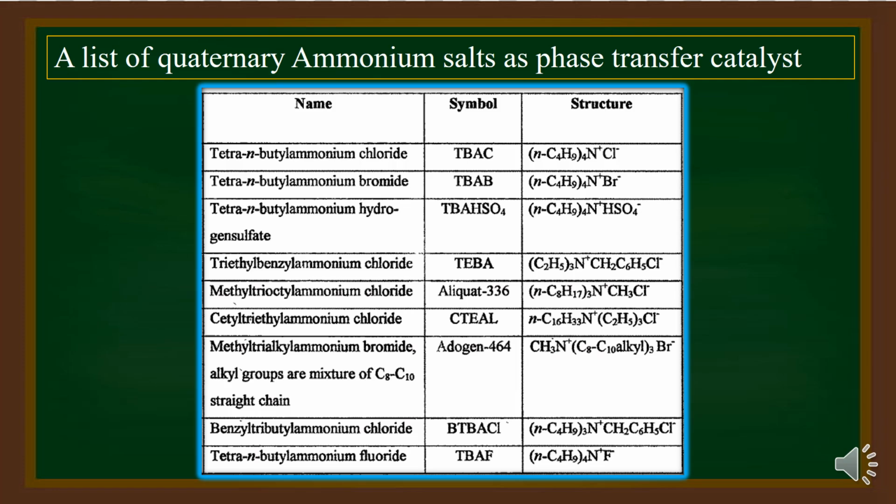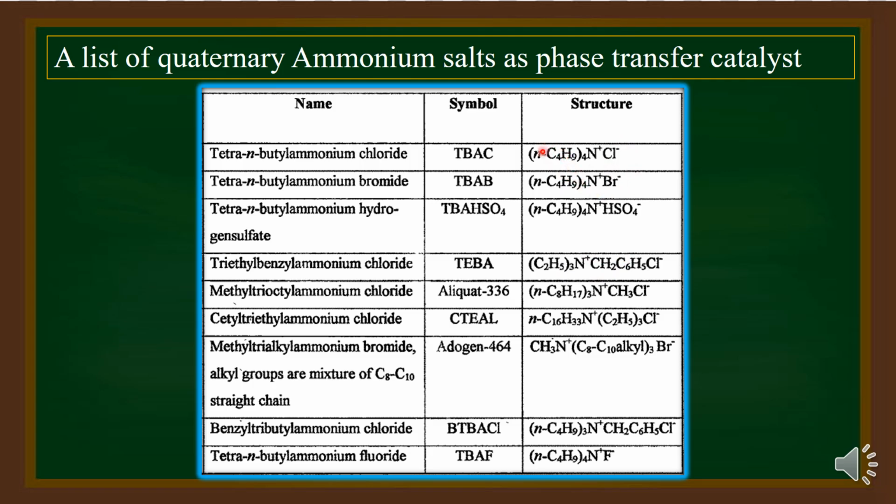A list of quaternary ammonium salts which are used as phase transfer catalysts are given here. In all these quaternary ammonium salts, we find 4 alkyl or alkyl and aryl groups present along with an ionic part.